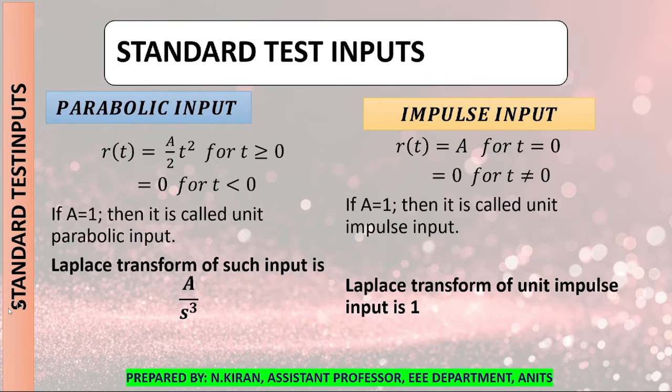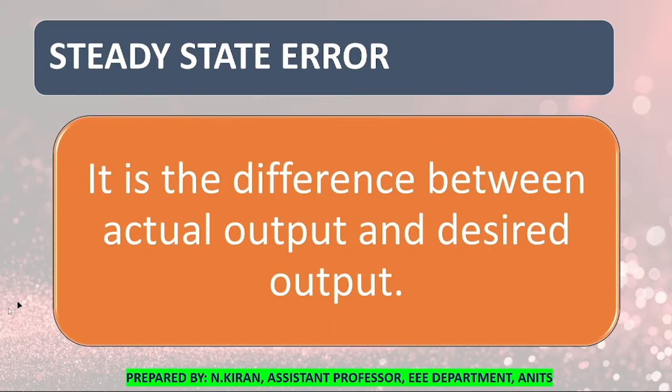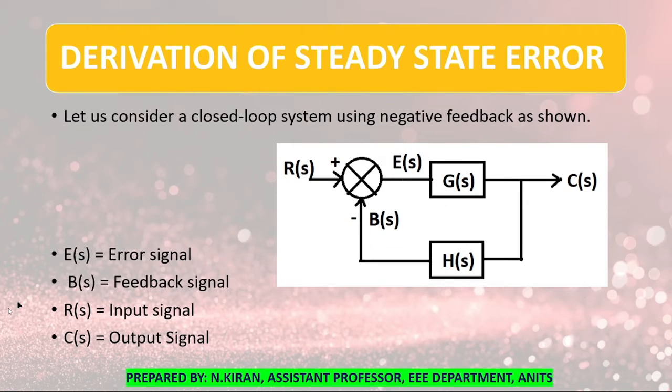So next we are going to define what is steady state error. It is defined as the difference between the actual output of the control system and the desired output of the control system. So if I consider a closed loop control system, this is the general representation of a closed loop control system with negative feedback.